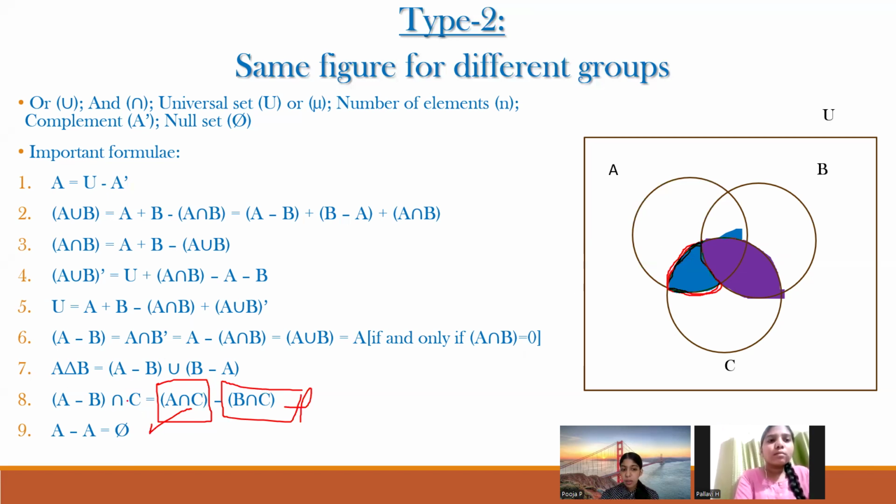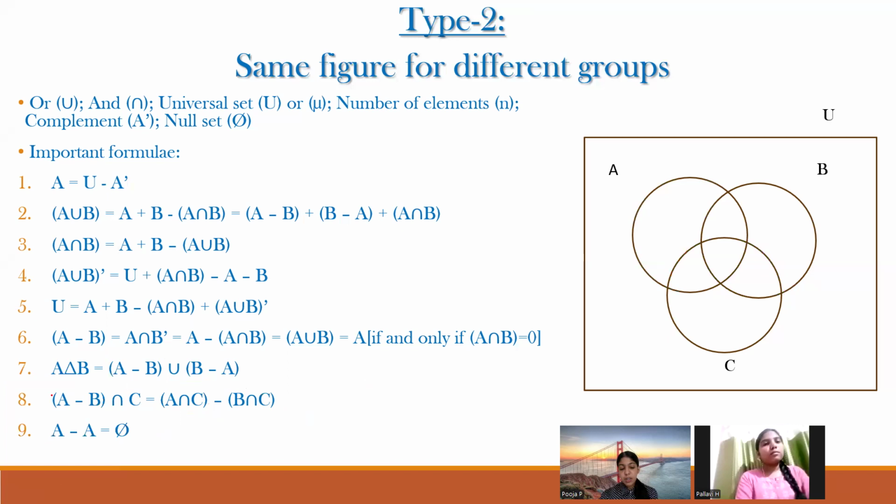So the equation on the right hand side and left hand side, both have turned out to be the same answer. Fine. So which means they can be equated. So convinced yourself with this formula? Yes, ma'am. Okay.